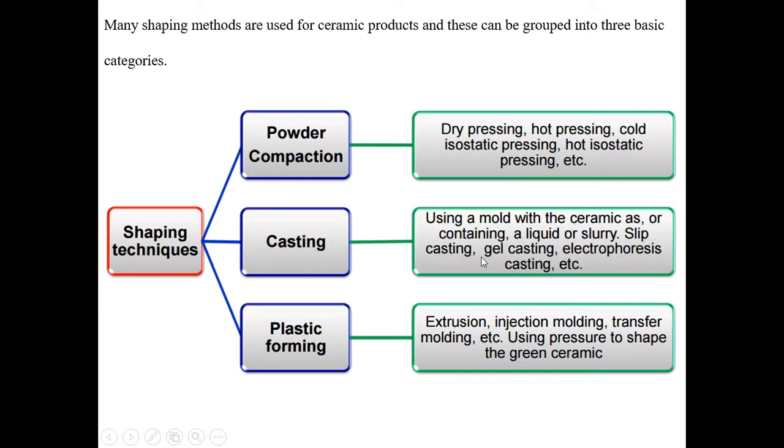Examples are slip casting, gel casting, electrophoresis casting, etc. When it comes to plastic forming, some of the processes are extrusion, injection molding, transfer molding, etc., which utilize pressure to shape the green ceramics.